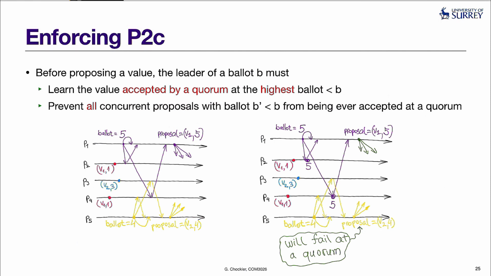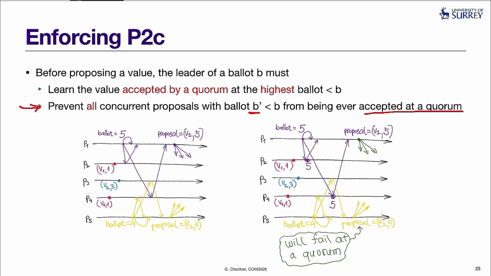The solution actually appears here in the second bullet. We need to prevent all concurrent proposals with potentially lower ballot than ours from succeeding. And by succeed I mean to be ever accepted at a quorum.